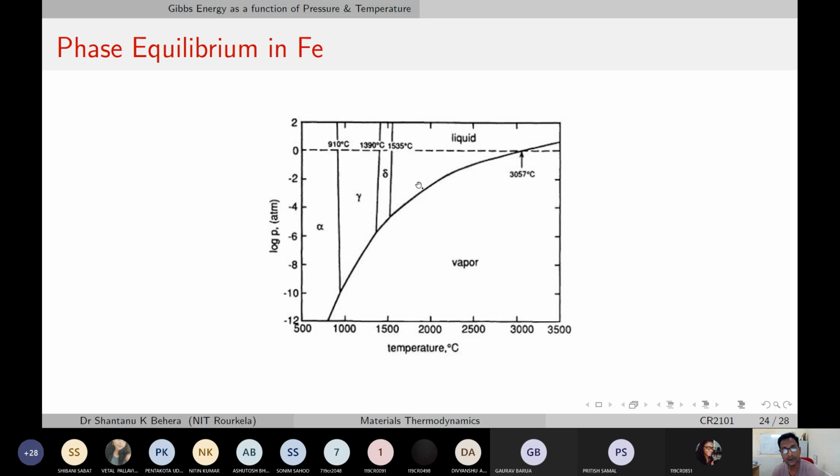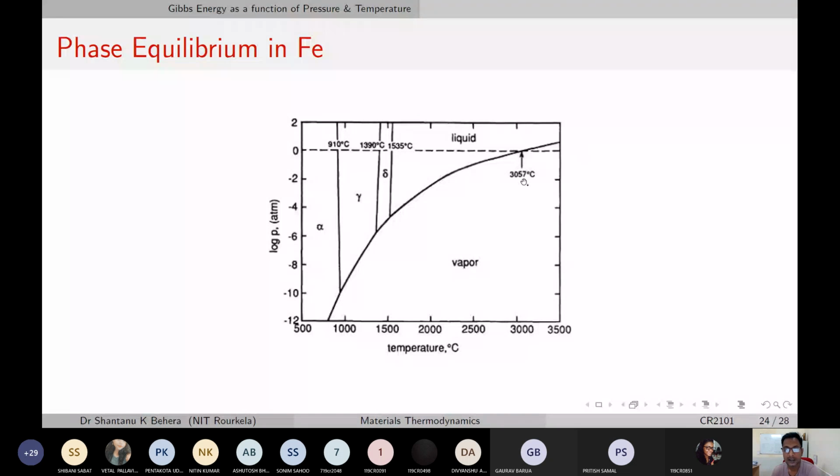Then you have the liquid phase field, the primary phase field for the liquid phase, and this is the line in the range of 1535 degrees Celsius. This is the line which has the two-phase equilibrium, between a solid state and a liquid phase. And this one is the vapor, and this has equilibrium with the solid phases and the liquid phases along this line.